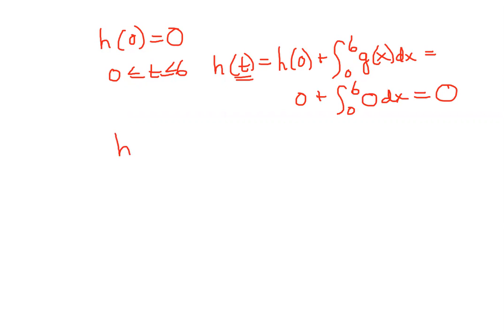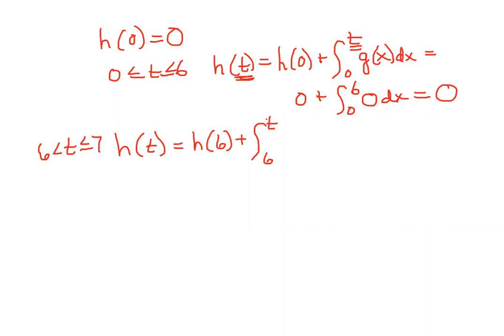Then for t between 6 and 7, H of t equals H of 6 plus the integral from 6 to t of g of x dx. Oh, see, this should be a t. I'm bad at that, because this needs to match that. It could be any t between 6 and 7.